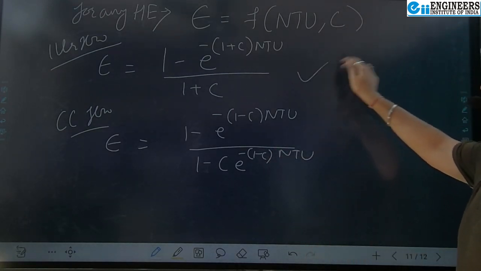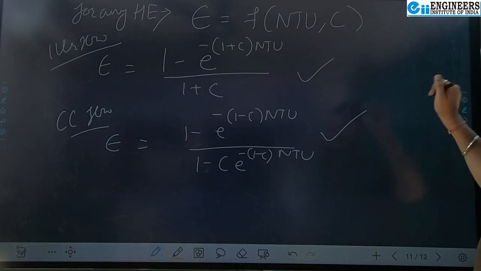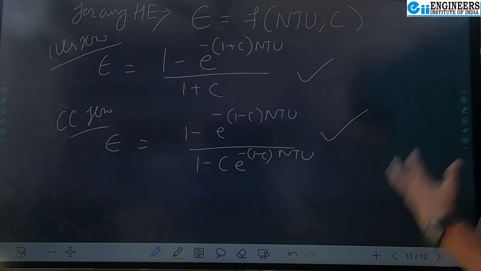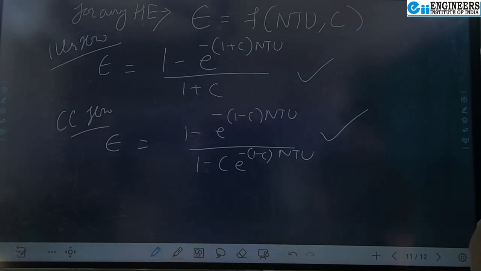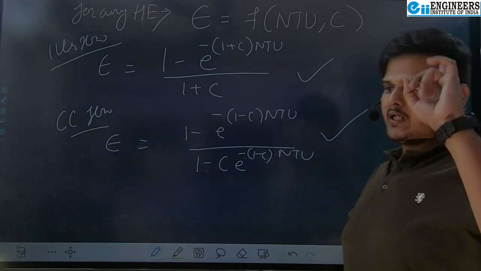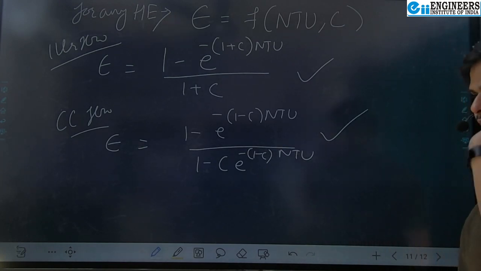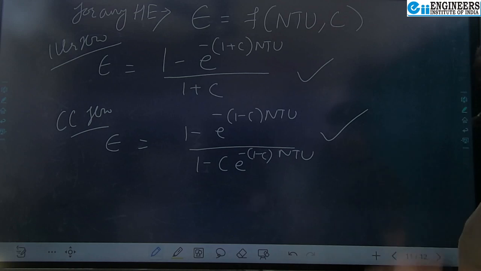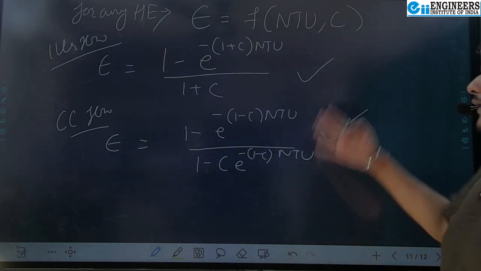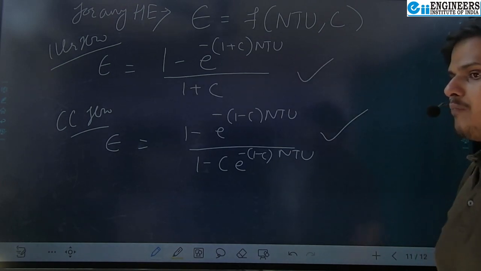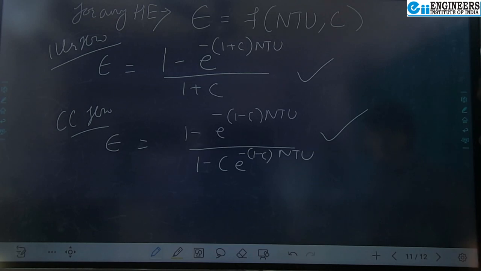So if you have to determine the effectiveness using temperatures, and you know all the temperatures of the fluids flowing through the heat exchanger, you can directly calculate it from the temperature ratio equation. If you know the NTU and the capacity ratio, then the effectiveness can be determined by this equation.